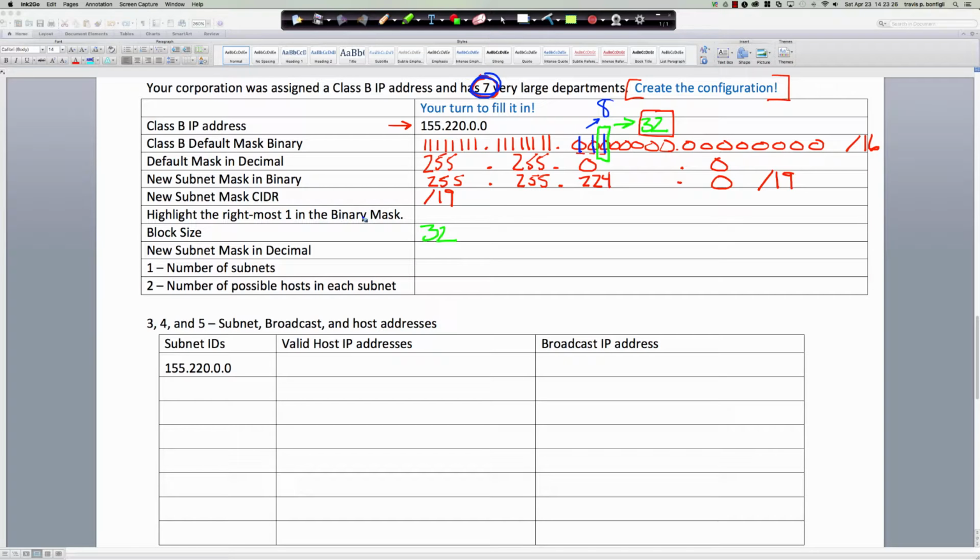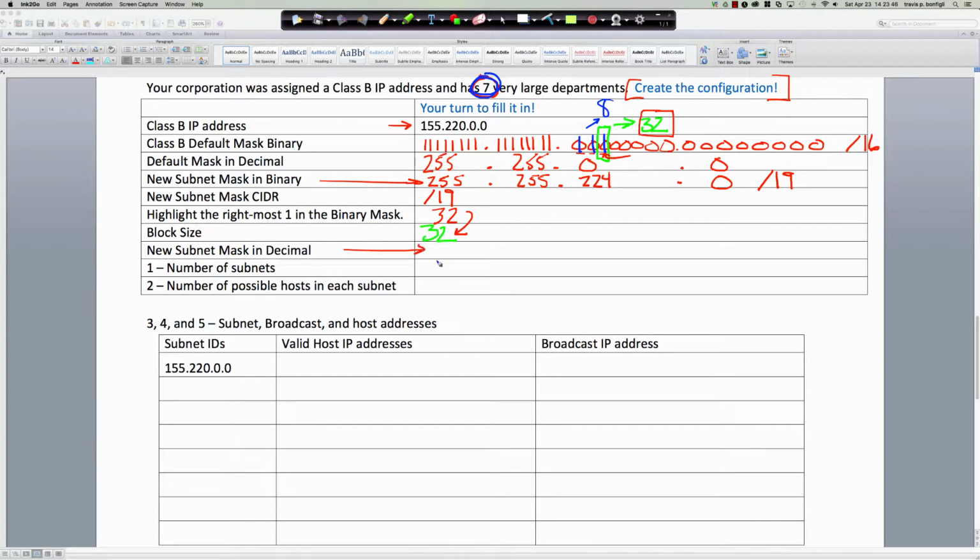Highlight the rightmost 1 in the binary mask. It is right there. We highlighted it in green. And that gives us the value of 32. And that is the block size. So the new subnet mask in dotted decimal, that should be binary, so we'll reverse these.